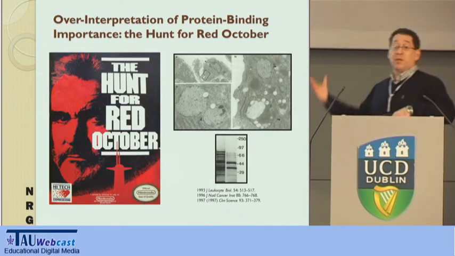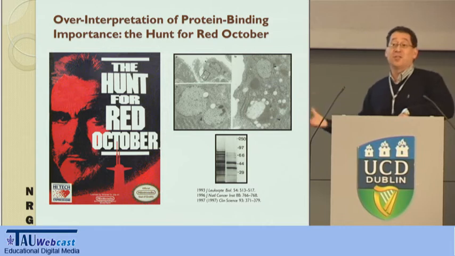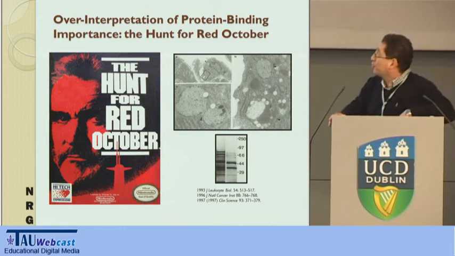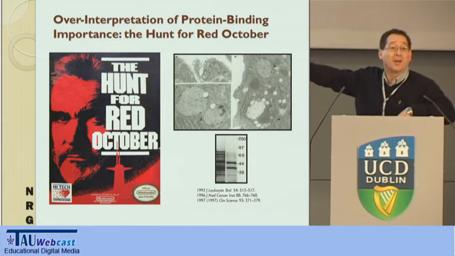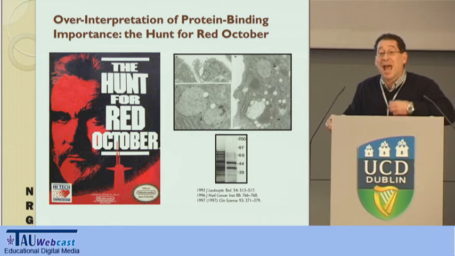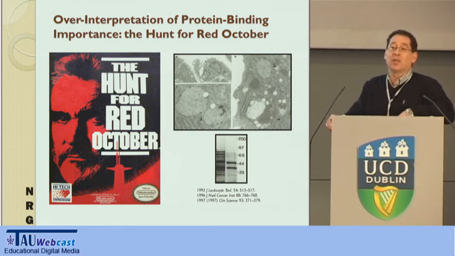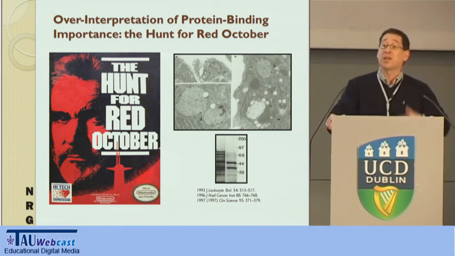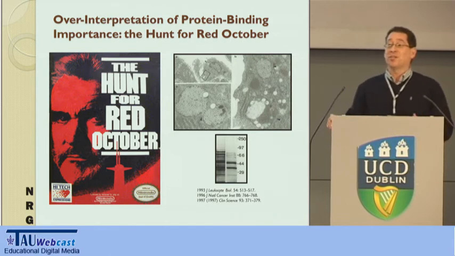To give you another very good example, when we designed the stealth system, we were quite intrigued by the movie The Hunt for Red October, because remember, that's a stealth submarine, right? We were also interested in whether a stealth system can eventually be recognized by the body's defenses. And the answer is yes, because that depends on the state of responsiveness of the macrophages within a particular pathology or a particular stage of development.